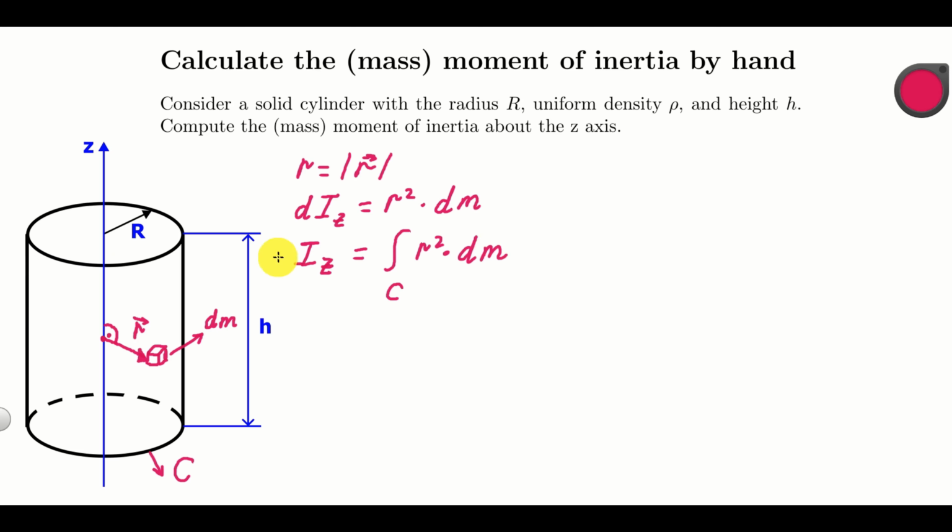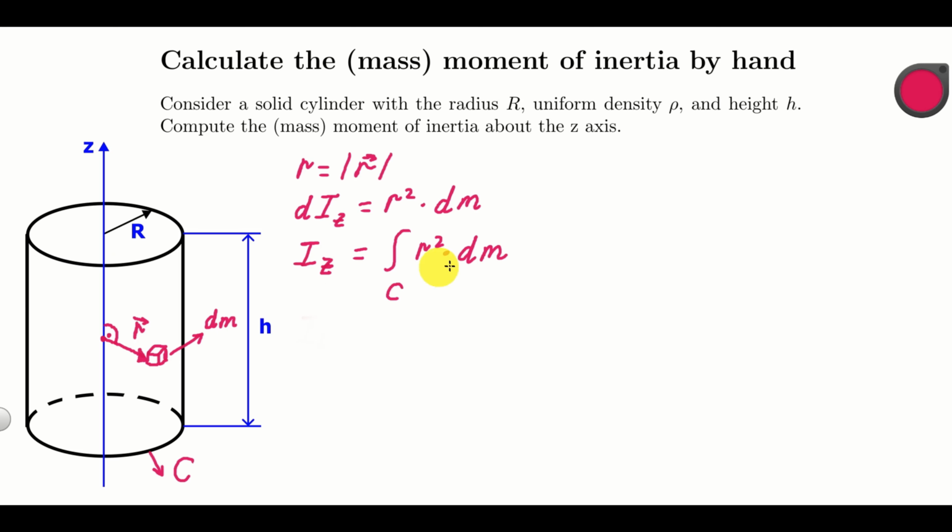Let us try to understand this definition. Loosely speaking, the moment of inertia of the complete cylinder is obtained by integrating the moments of inertia of the infinitesimally small masses. Or in other words, we are summing the moments of inertia of these small masses together to compute the complete mass moment of inertia. That's it.